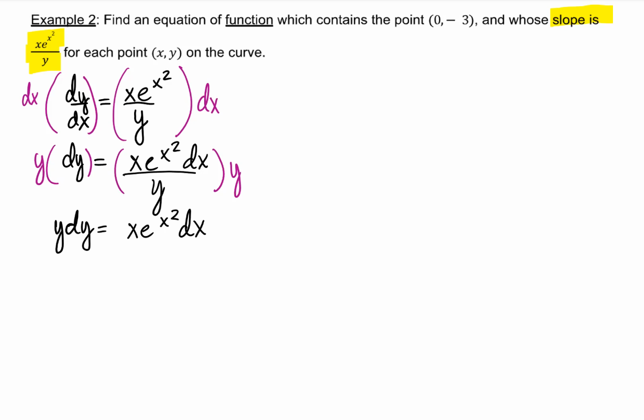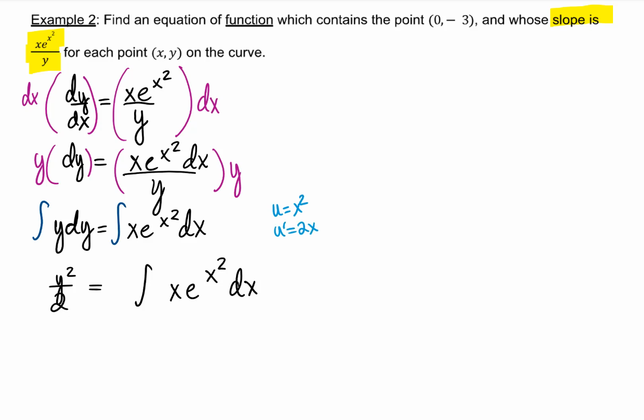Integrate both sides. The integral of e to the u prime is e to the u. We have to make sure u prime is in there. So we have to multiply 1/2 and 2. Now I'm going to solve for y.